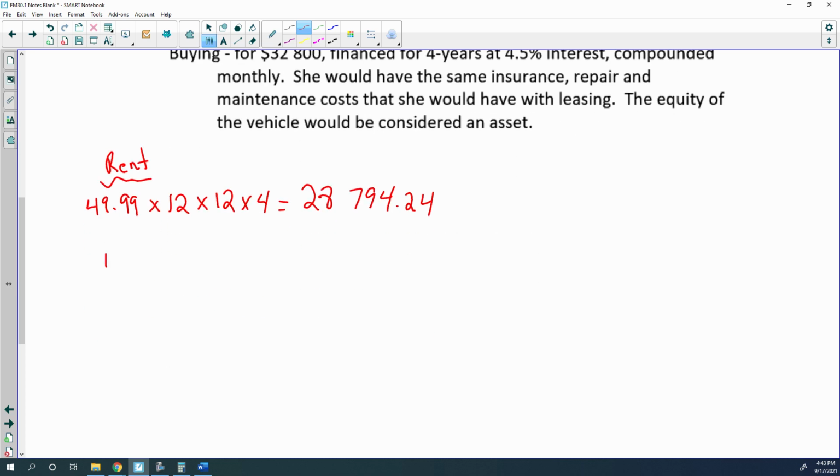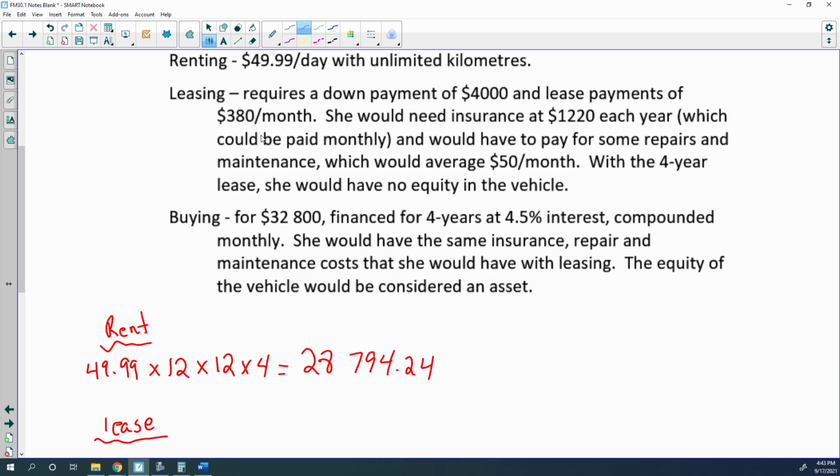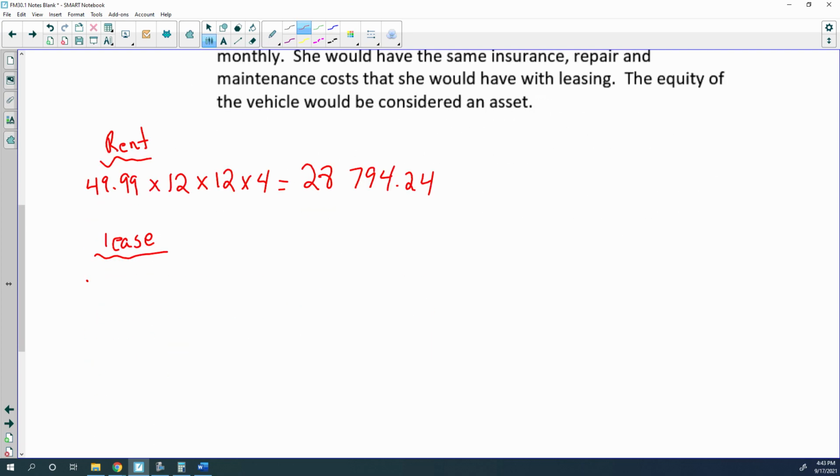And now let's do the lease. So for the lease, she is making $380 per month. So it's $380 per month for 12 months in a year for 4 years.